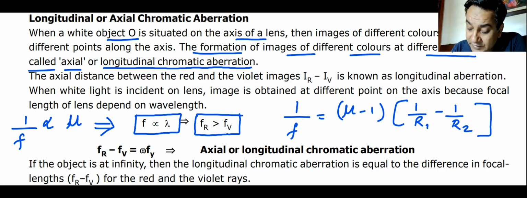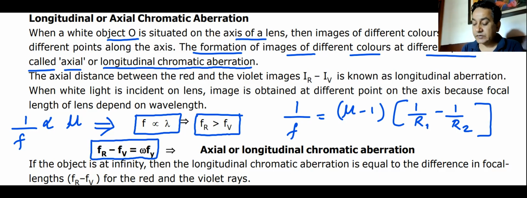This difference Fr minus Fv is omega times Fy, where Fy is the focal length for the yellow light. This Fr minus Fv, which is equal to omega times Fy, is known as axial or longitudinal chromatic aberration. Do we understand this?